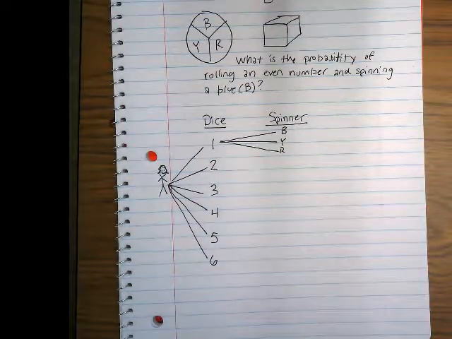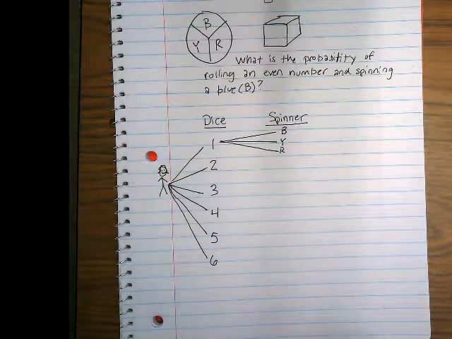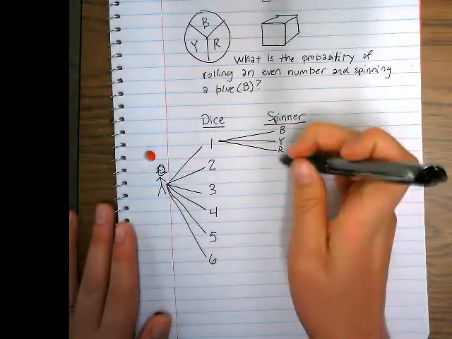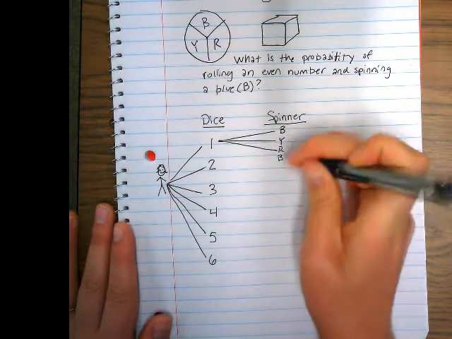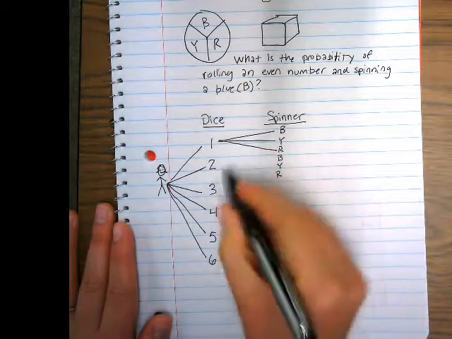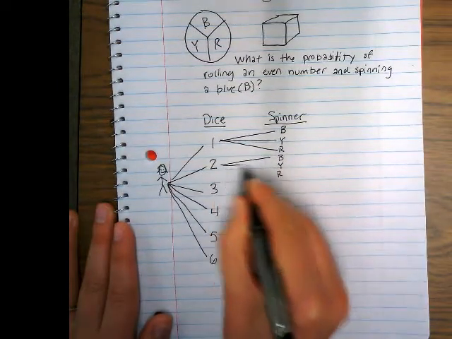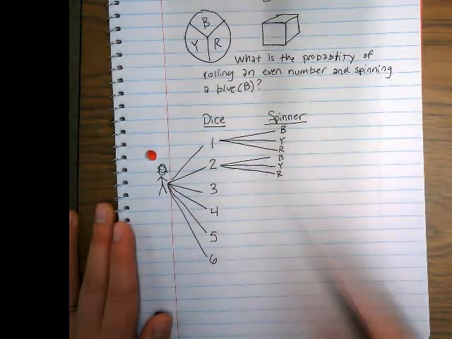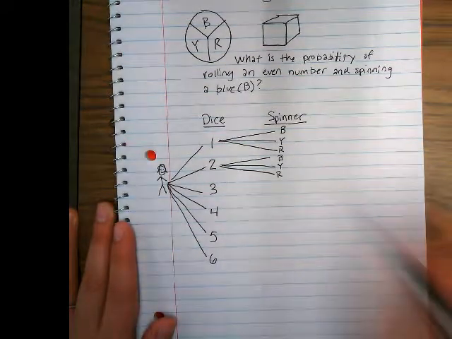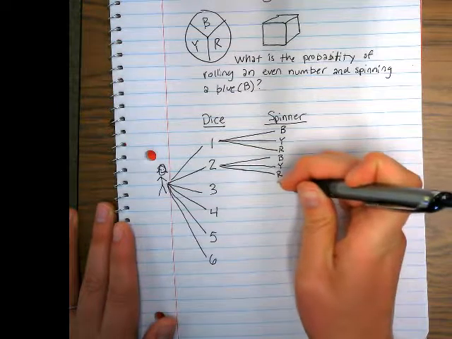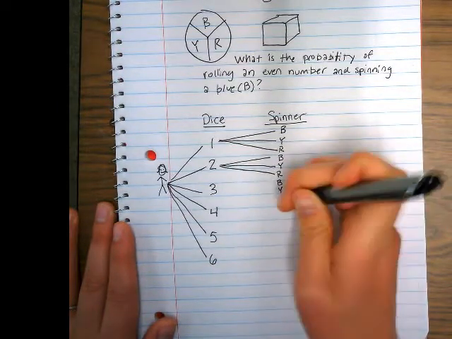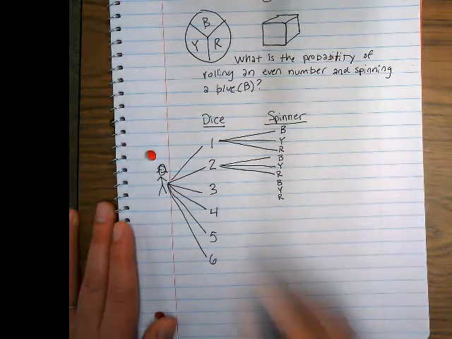That was one option that I could have gotten. But let's say I hadn't rolled a 1 first. What if I'd rolled a 2 first? Same thing. I could have gotten 2 then a blue, 2 then a yellow, and 2 then a red. It's going to get a little crowded on this diagram, but don't worry about that. Let's say I had rolled a 3 first. I could have rolled a 3, then spun a blue, 3 then a yellow, and 3 then a red.